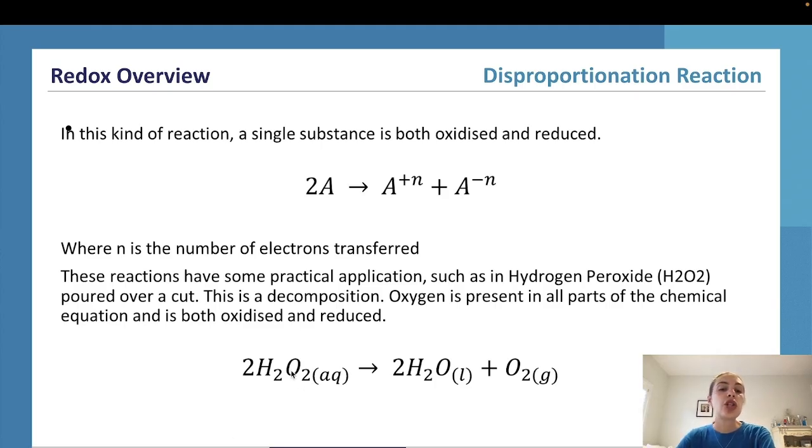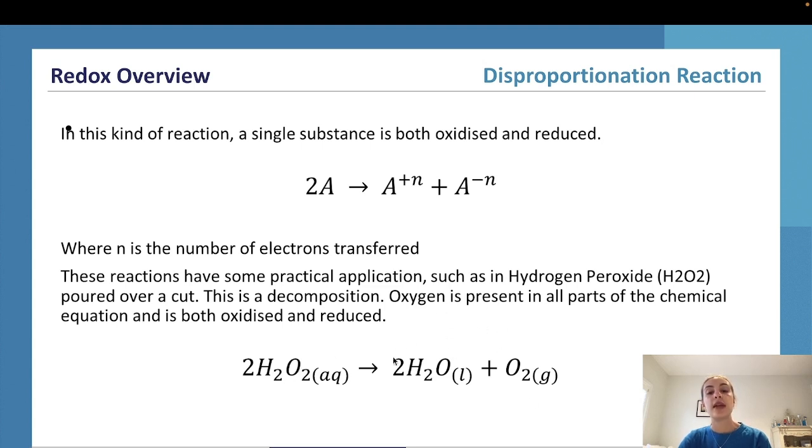So hence we've got to change the oxygen, because in peroxides, oxygen has a charge of minus 1. So in this circumstance, we can say hydrogen is plus 2, each one being plus 1, and then each oxygen will be minus 1, so 2 by minus 1 will give us minus 2, and minus 2 plus 2 will give us 0 overall.